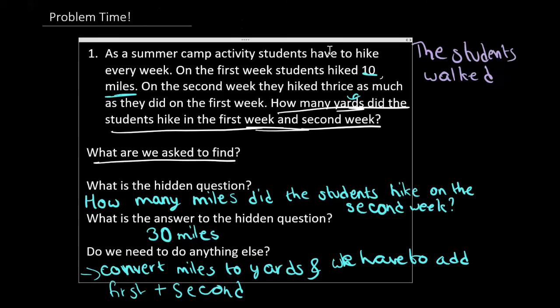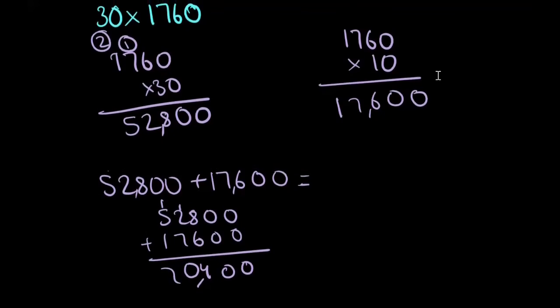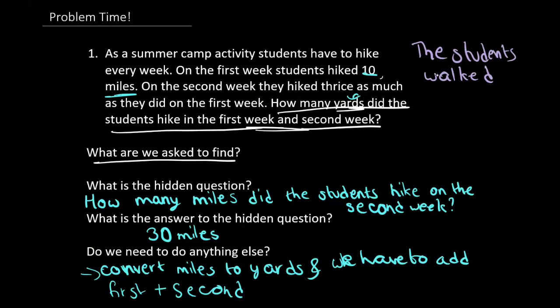So the students walked 70,400 yards in all. So you have to remember that it's not just in the first week or the second week, it's both of them. Alright? And let's box this.